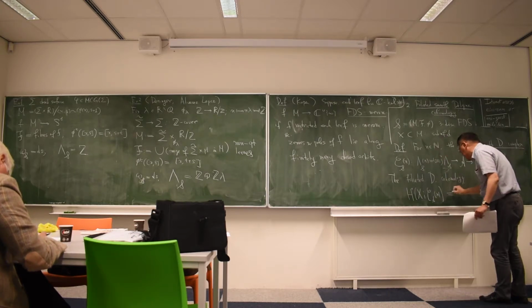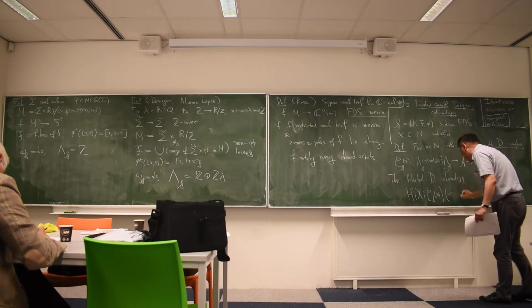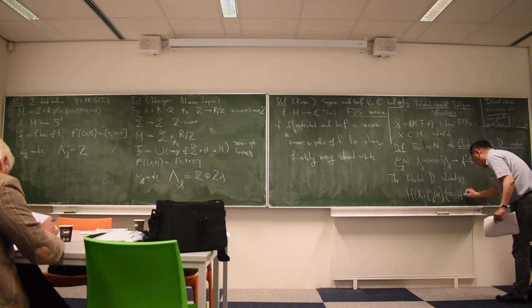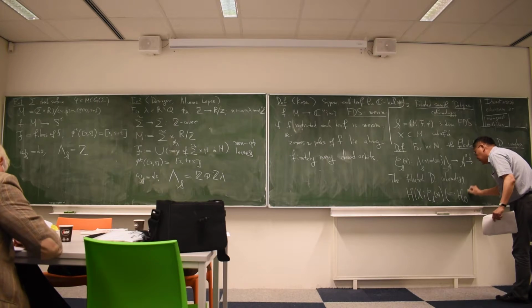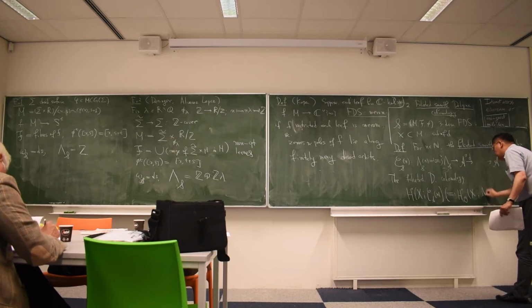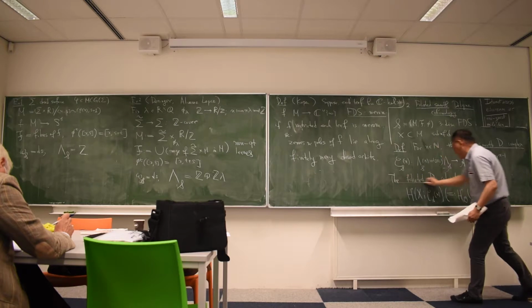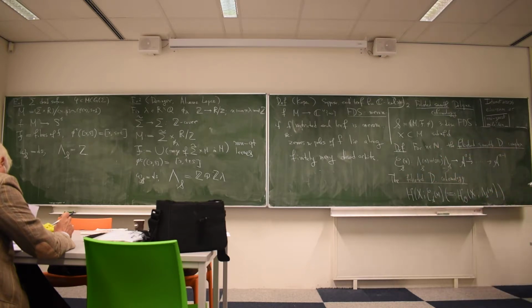Maybe this may be written as H dot of X and Lambda_S of n. This is our definition of the foliated Deligne homology.